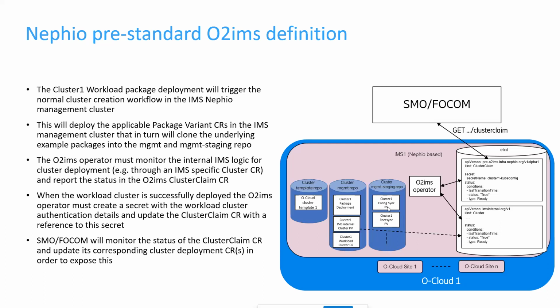They are more global or infrastructure related things that should always be there when you are deploying your cluster. So my thinking was that they should be handled here as a part of the IMS work, and not up on the SMO FOCOM side.